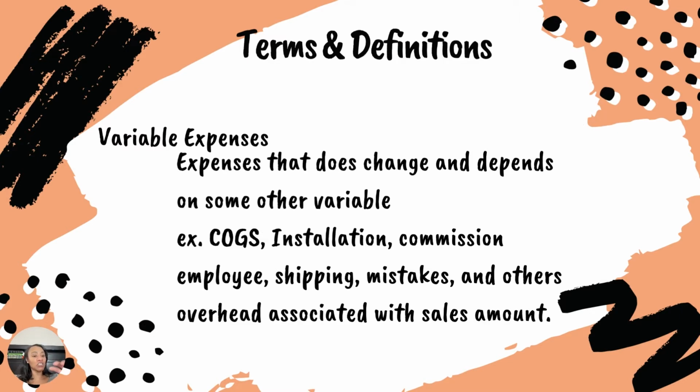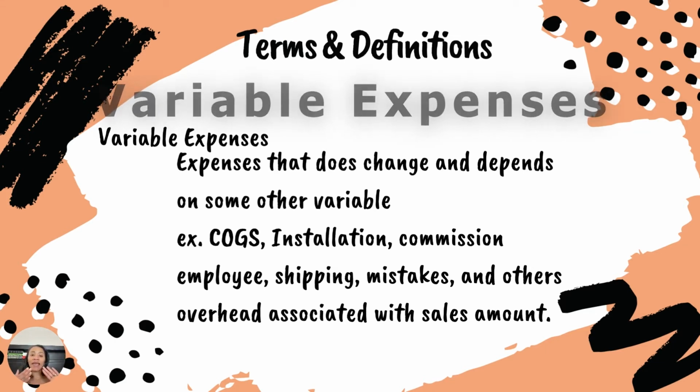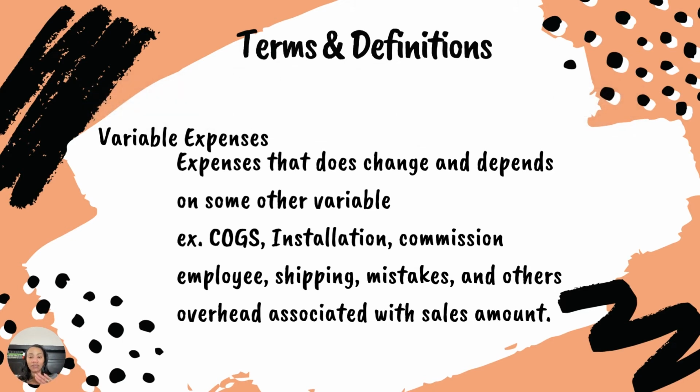Your cost of goods sold falls under what is called your variable expenses. Expenses that change and depend on some other variable. Example, cost of goods sold, installation, if you pay your employees commission, shipping, mistakes, and other overhead associated with sales.